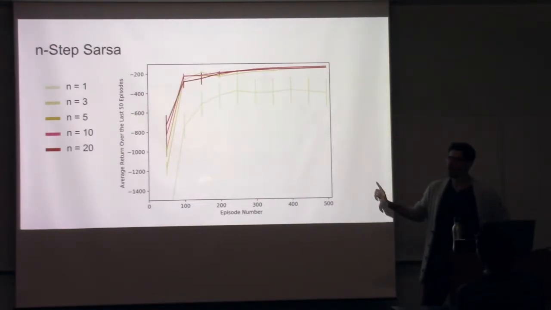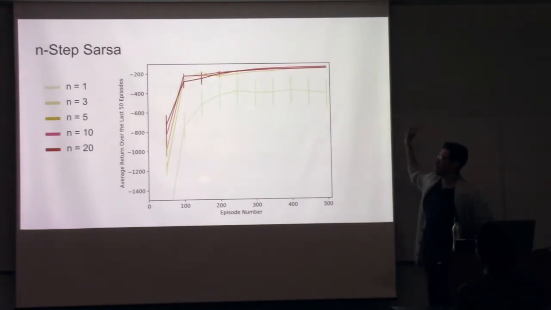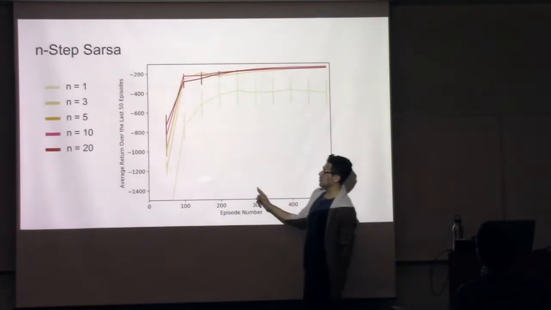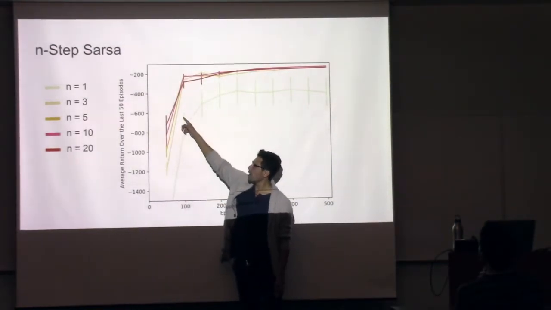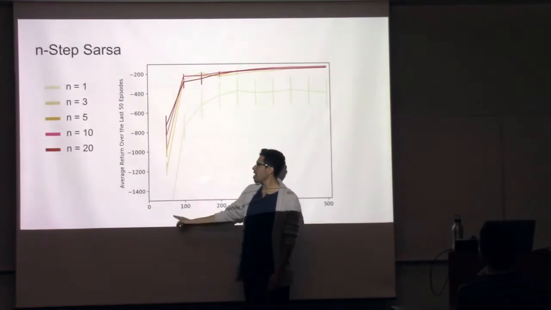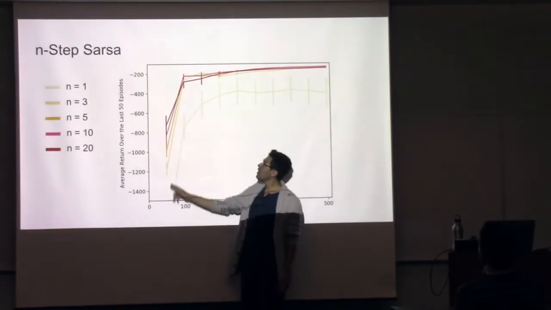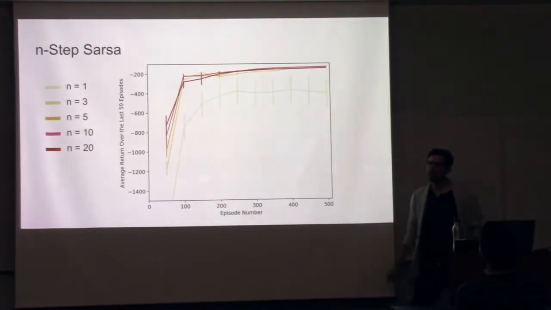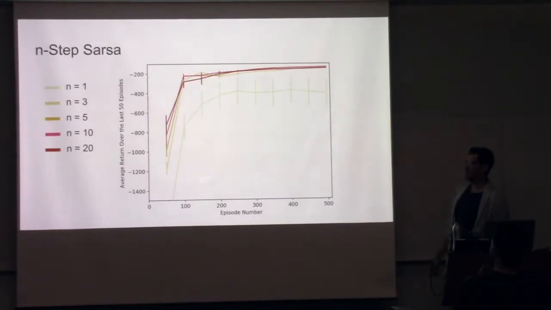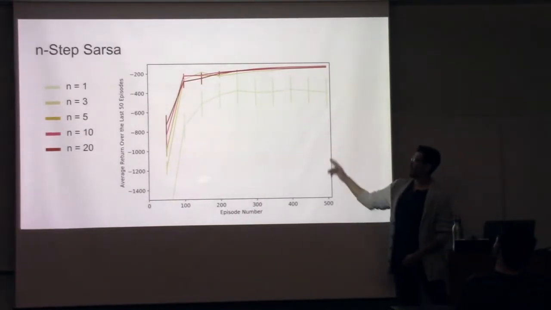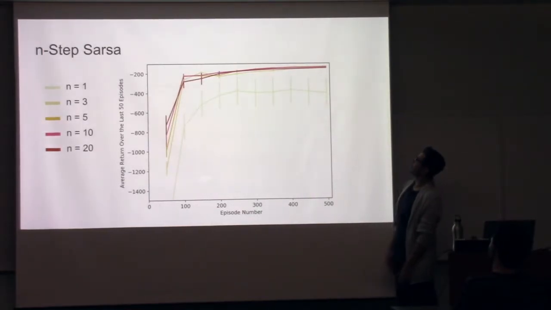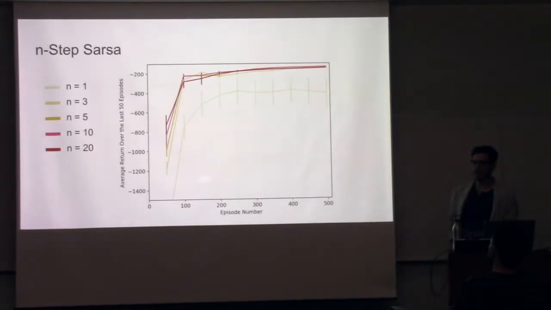Now, we're going to see this same pattern for many of the methods. At the beginning of training, having a longer return, a larger n actually helps performance. At the very end of training, however, it doesn't really make a lot of difference. As long as you're using anything higher than 1, it seems that all of them actually perform about the same.